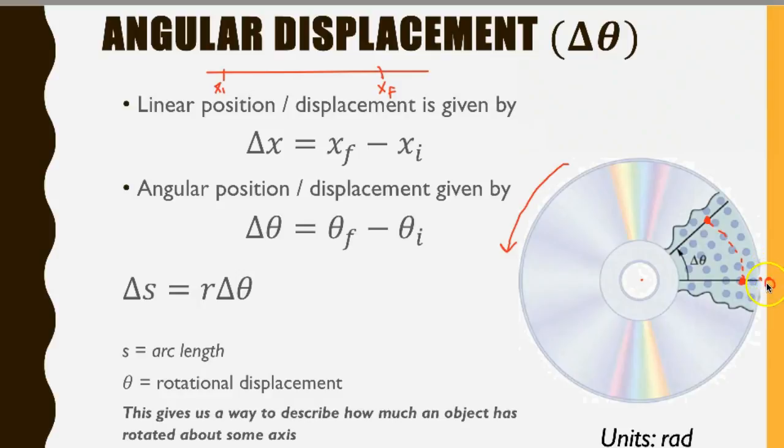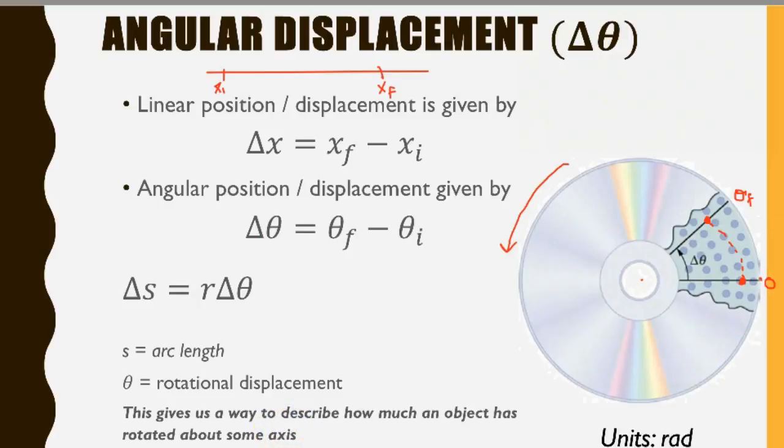And so the initial would be 0 for this dot, and it would have rotated about this far, and so we'd have some sort of final position, or theta sub f. That would tell us how far it has rotated, as angular displacement.